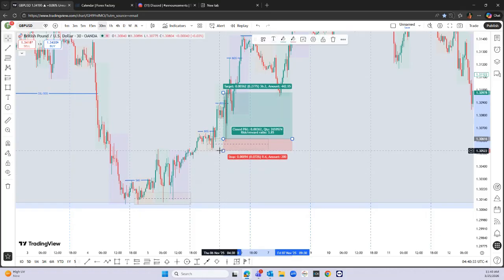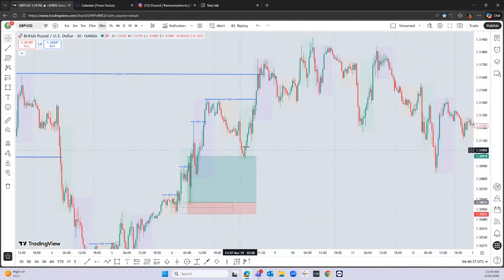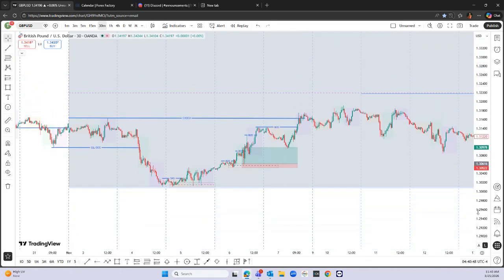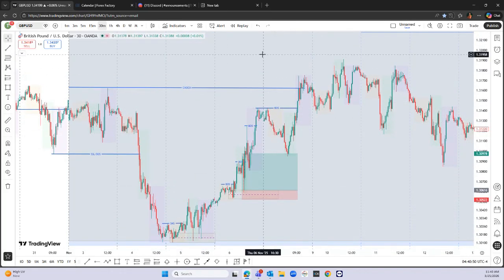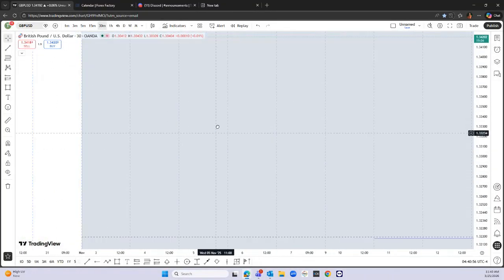Now, you can either decide to swing this until the price goes to the overall target that we have, where we are looking at these liquidities, right? You can decide to hold until the buy side liquidity that we have seen on the daily time frame.